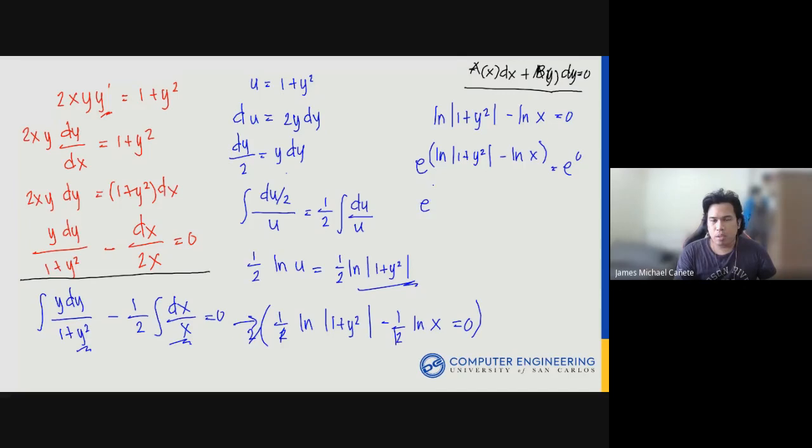The left side becomes e to the ln of the absolute value of 1 plus y squared times e to the negative x.